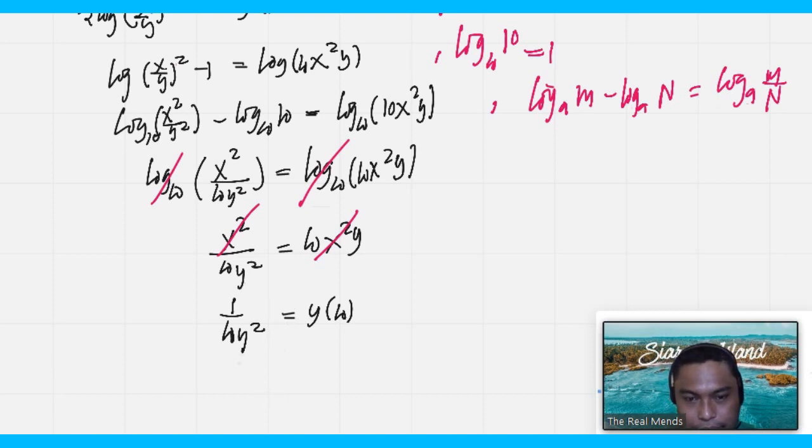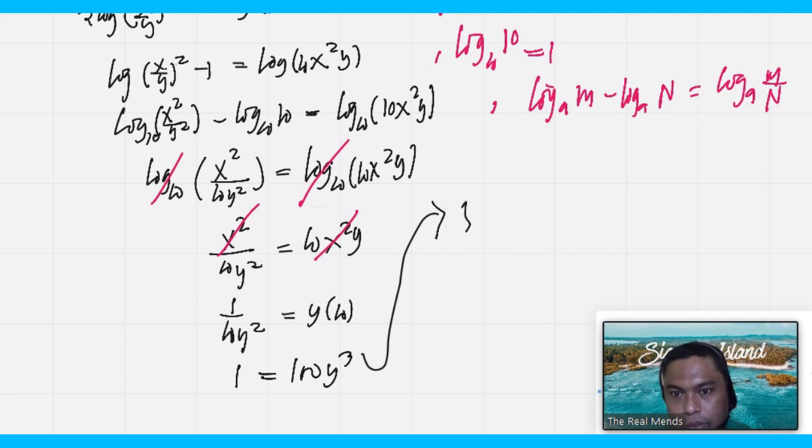So therefore I have 1 is equal to 10 times 10, which is just 100 y cubed, or this will be y cubed. So this is just 1 over 100, and then take the cube root of it.